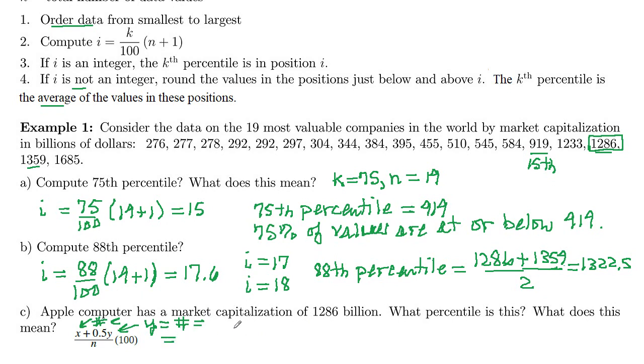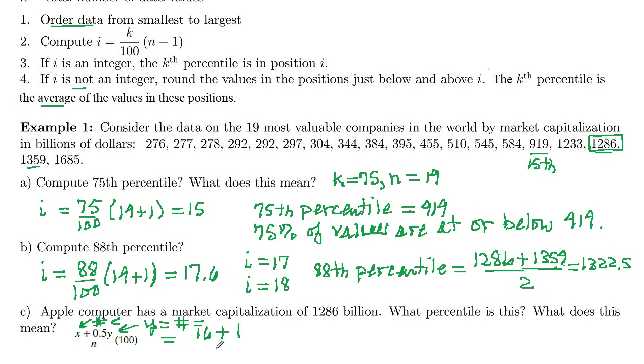Here we don't have any repeated values, so we count up: 2, 4, 6, 8, 10, 12, 14, 16 values that are less than Apple's market cap. So 16 plus, and y is the number that are equal, and that is just this one value.